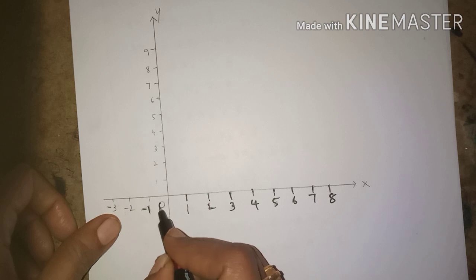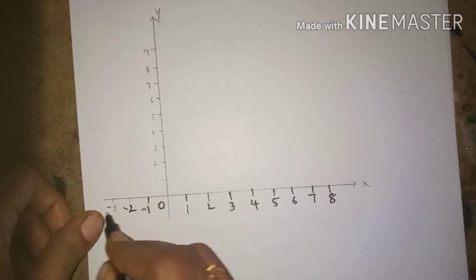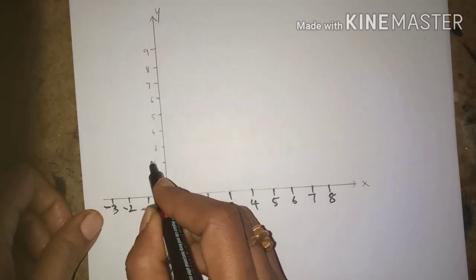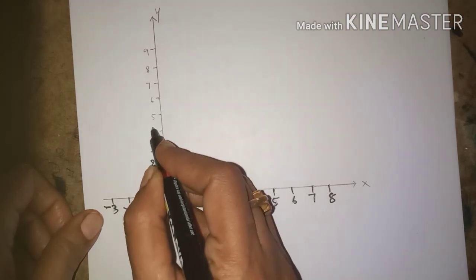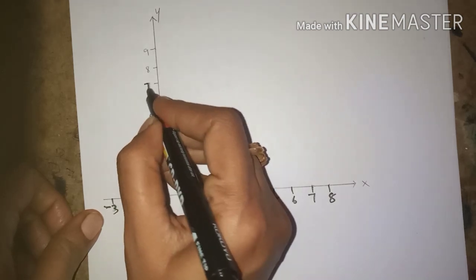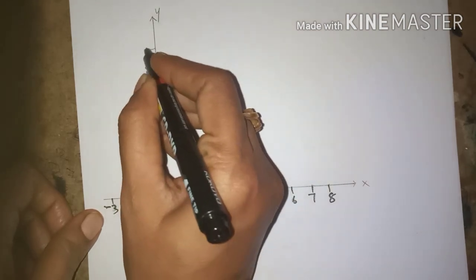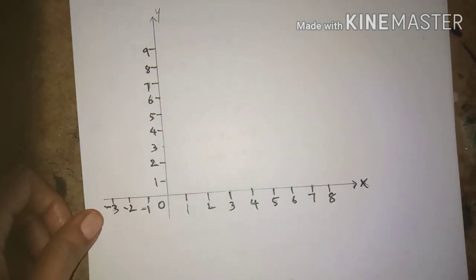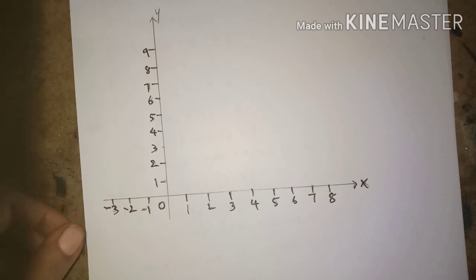Here is minus 1, this is the origin, minus 2, minus 3, and 1, 2, 3, 4, 5, 6, 7, 8, 9. This is the x-axis and the y-axis.